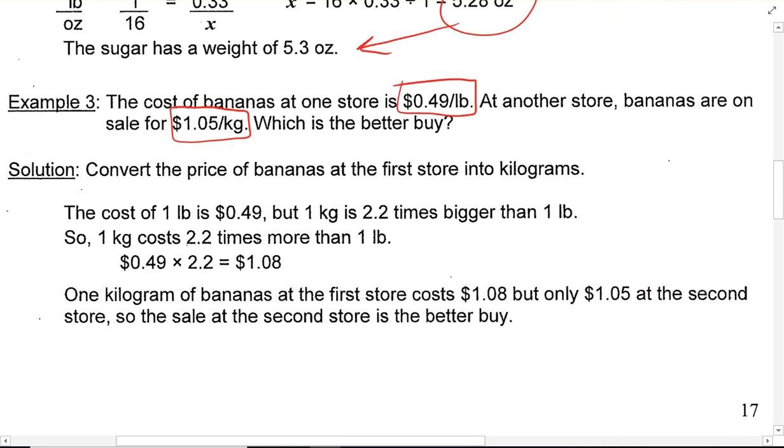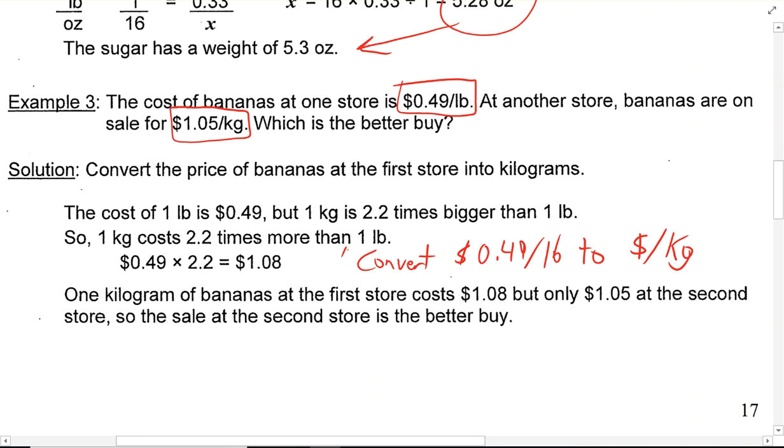So we can figure that out easily by converting the 49 cents per pound into cents per kg. You would type in convert, and you've got to have your units, dollar sign 0.49 backslash LB to dollar sign backslash kg.